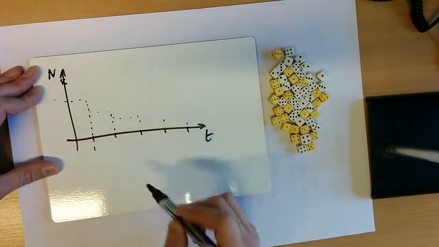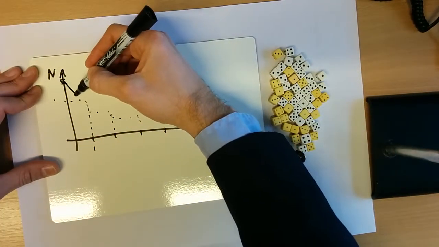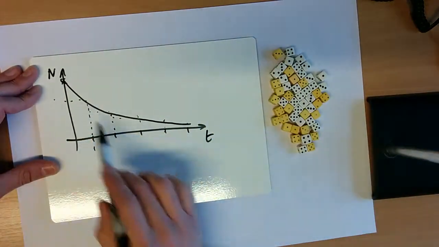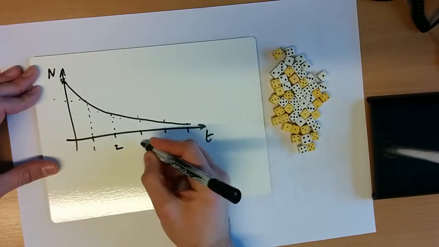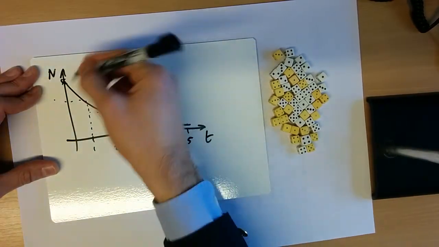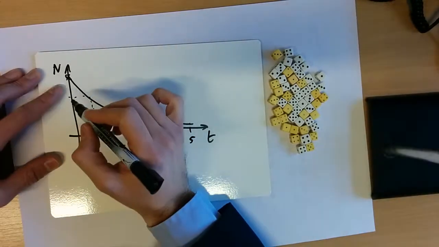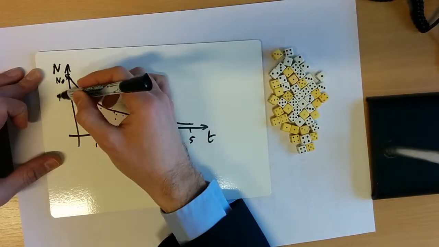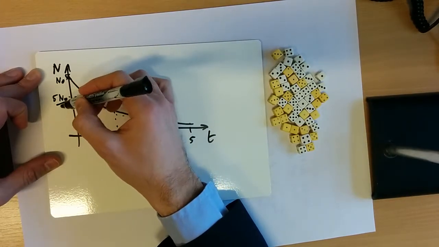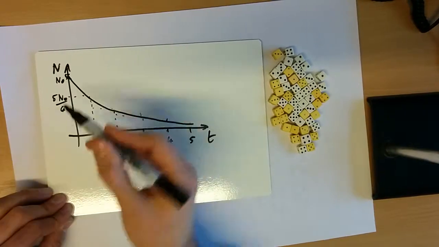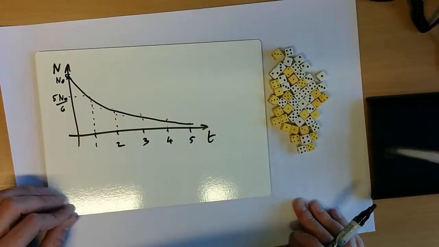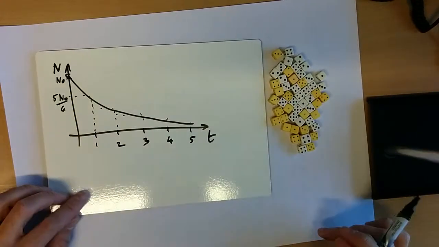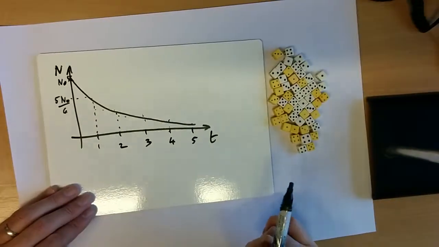So although it is completely random, each time we get a fraction. If this is starting at n0, we come down to 5/6 of n0. Each time it comes down by the same fraction. So it's random and it's spontaneous, but we have this pattern.